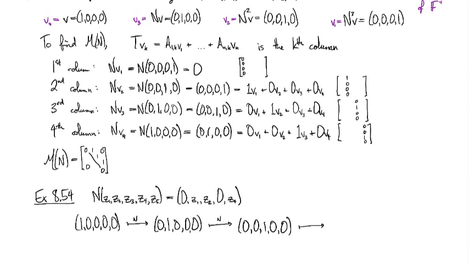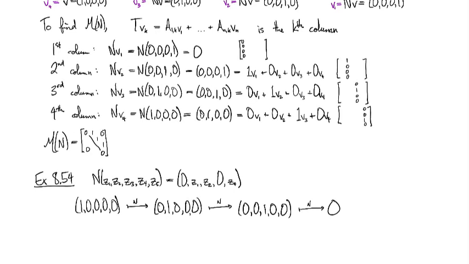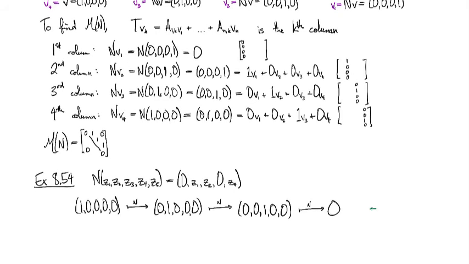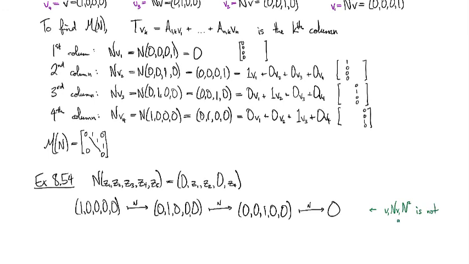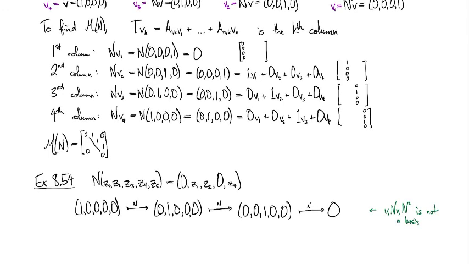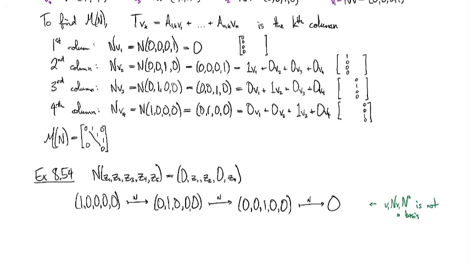And if we apply it again, then it's dead. But we only got 3 here. So in this situation, v, nv, n squared v is not a basis because we didn't get enough elements. We only got 3 things, and we're looking for a basis of F5, which is 5-dimensional.